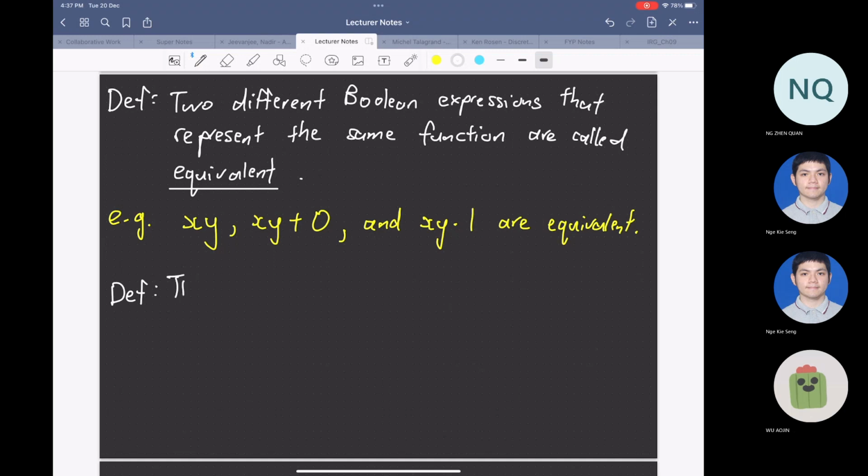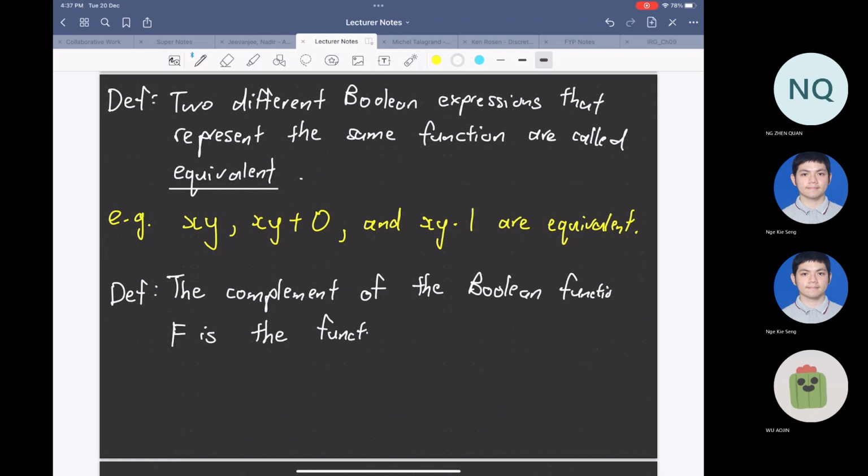Next, how to take the complement of a Boolean function. How you take the complement of a Boolean function is just to take the complement of your Boolean expression. So the function f bar is defined by taking the bar on the Boolean expression.